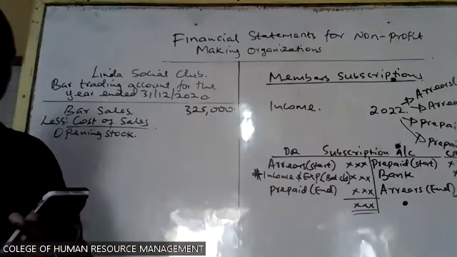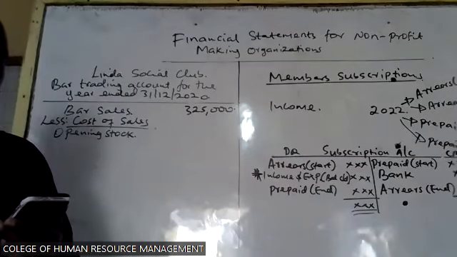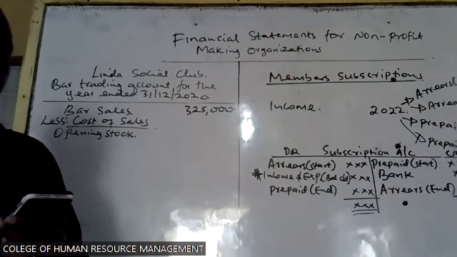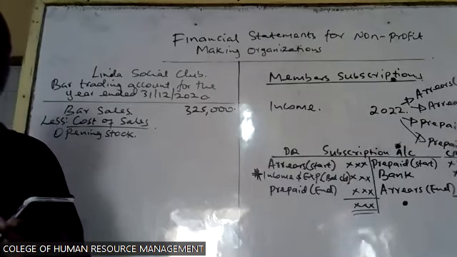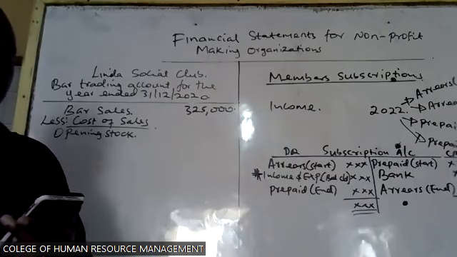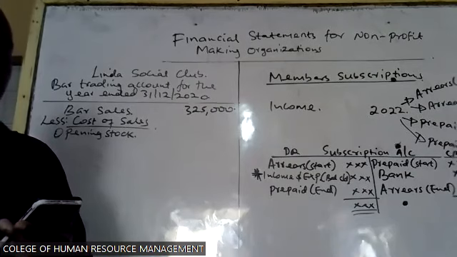If you look at the additional information, we are told about refreshment stock as at 1st December 2020 and as at 1st December 2021. Refreshment stock for 1st December 2020 is 50,000, and for 1st December 2021 it is 30,000. Hope you can see that.